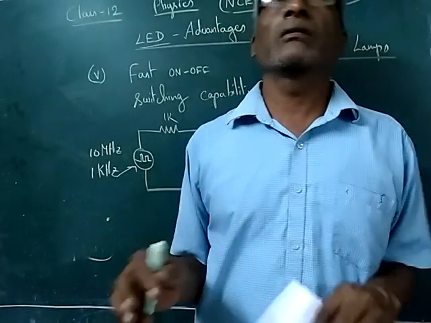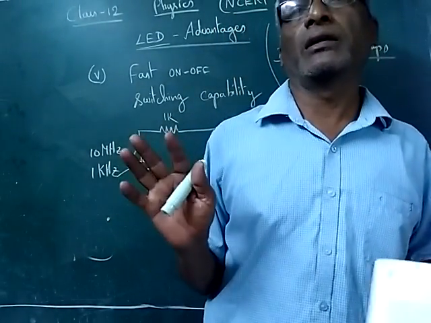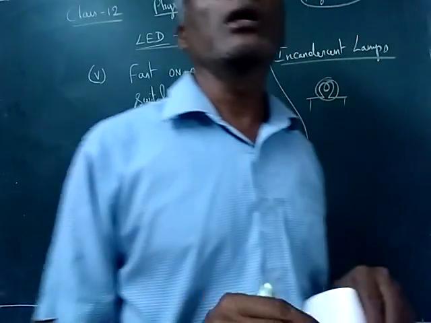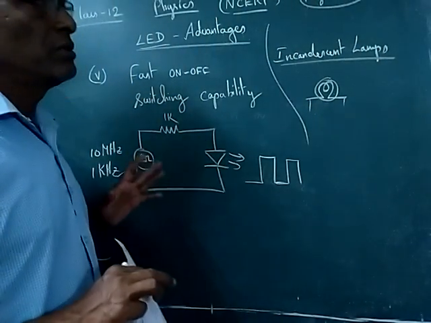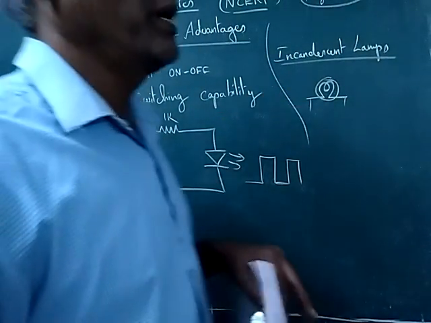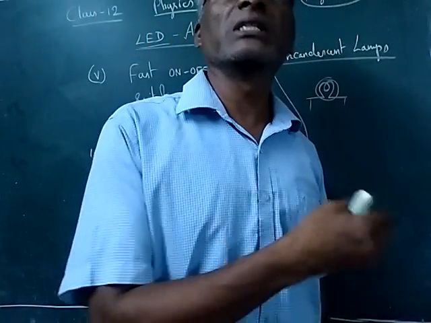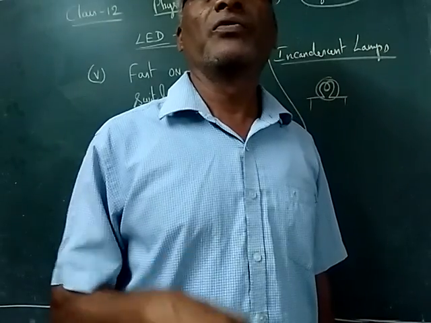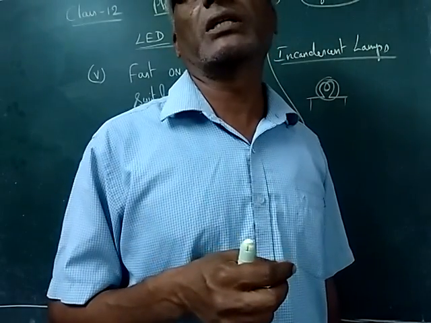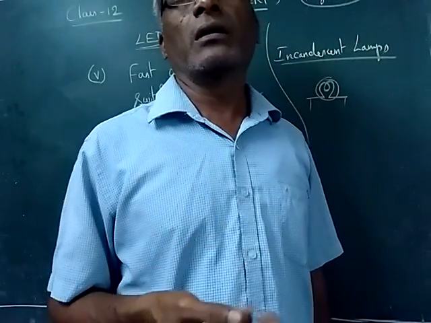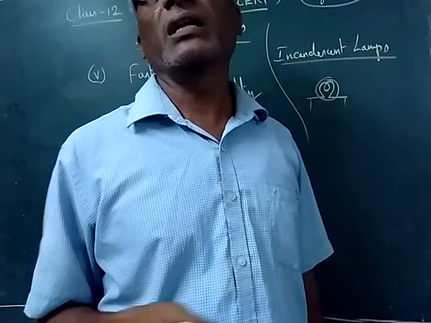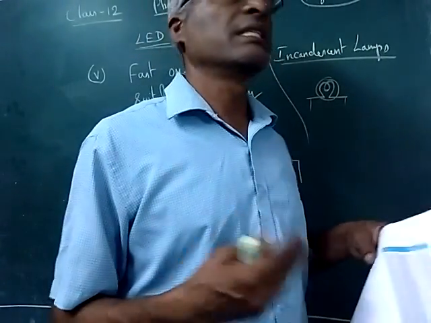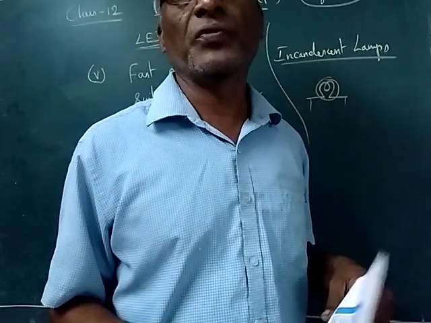But nothing will damage the LED. Because of high frequency switching, the LED will not get damaged. Whereas if you operate incandescent lamp with these rates, it will get immediately failed. Frequently on and off switching the incandescent lamp, immediately the bulb will go, filament will go off.